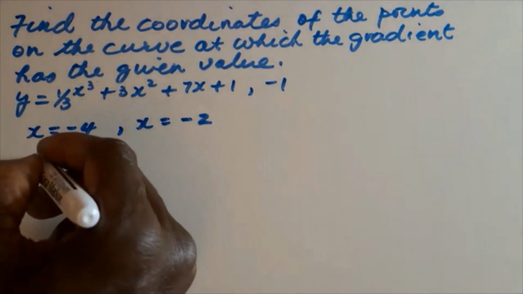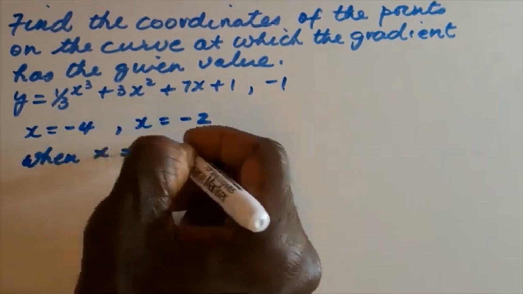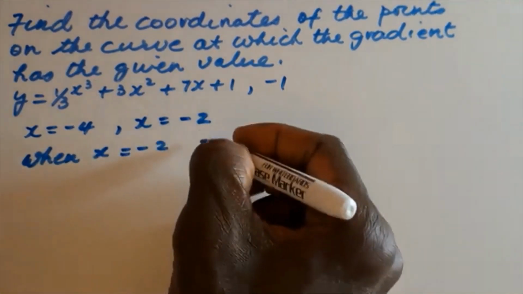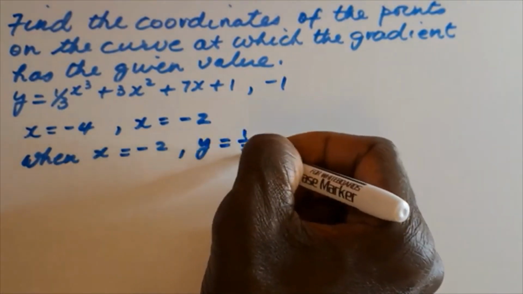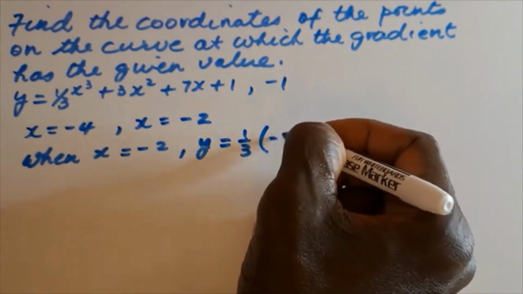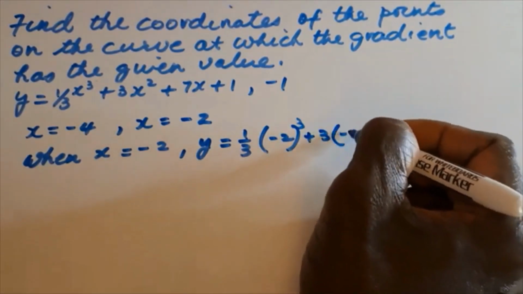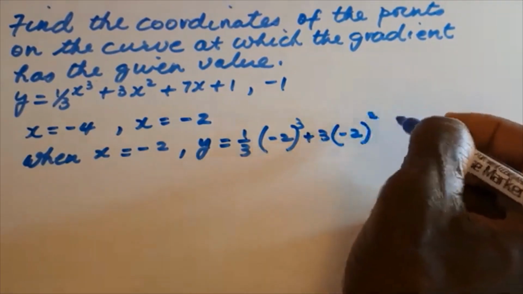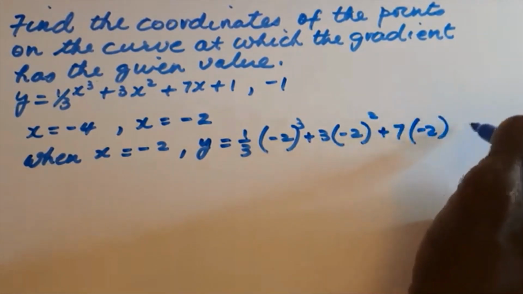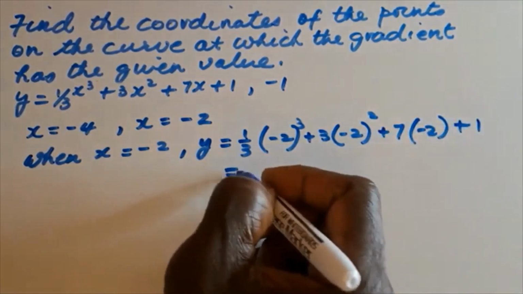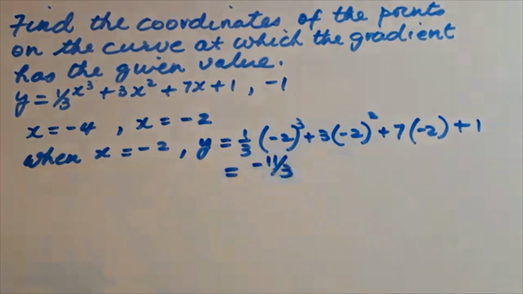So when x is equal to -2, we have y is equal to a third -2 cubed, add 3 into -2 squared, add 7 into -2, add 1. And this is equal to -11 over 3.